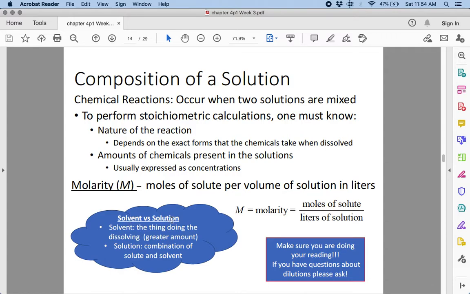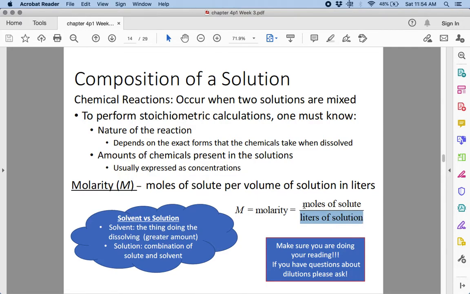A solvent versus a solution. Again, we're telling you here that molarity is liters of the whole solution, not the solvent. If the solute was a solid, then the volume of the solution is the same as the volume of the solvent.